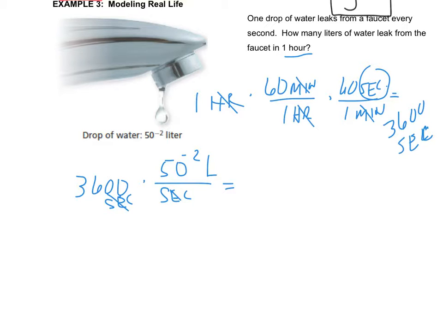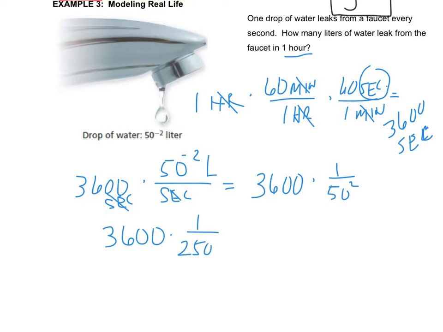Now remember, 5 to the negative second power is really going to become that. Remember, the 5 flips over to become 1 over 5 to the second power. Well, 1 over 5 to the second power becomes 25 when I multiply 5 times 5.